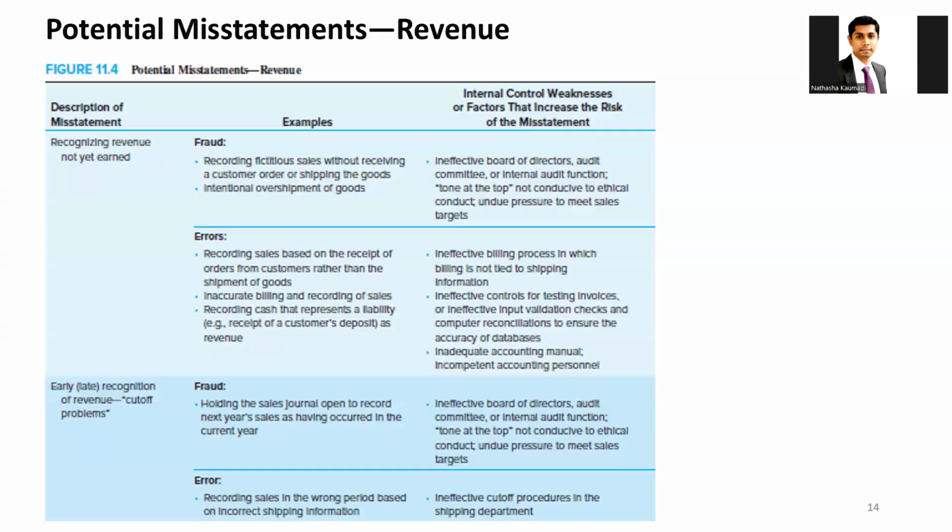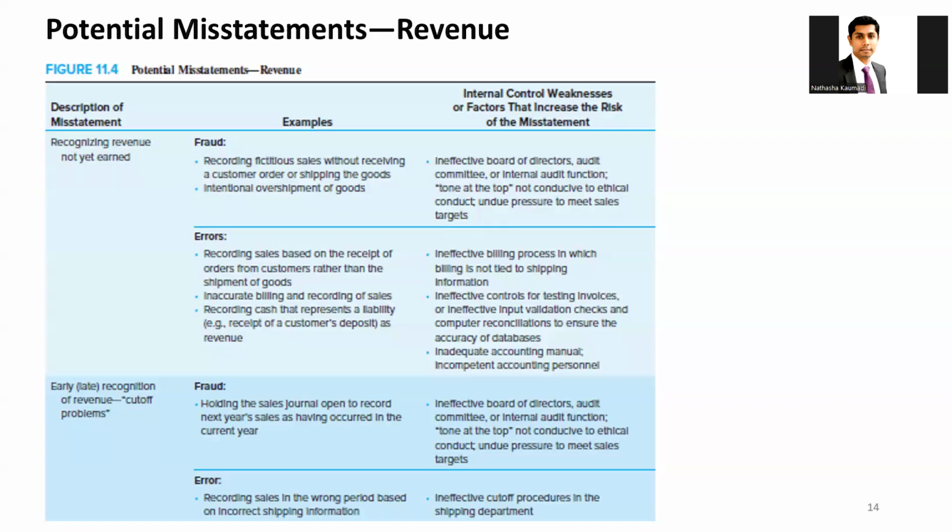Then what are the internal control weaknesses? Why do companies have these kinds of issues? Ineffective board of directors, audit committee, or internal audit function. That means the tone at the top is not conducive to ethical conduct, or people are under pressure to meet sales targets. Some people are under pressure to achieve the sales targets.